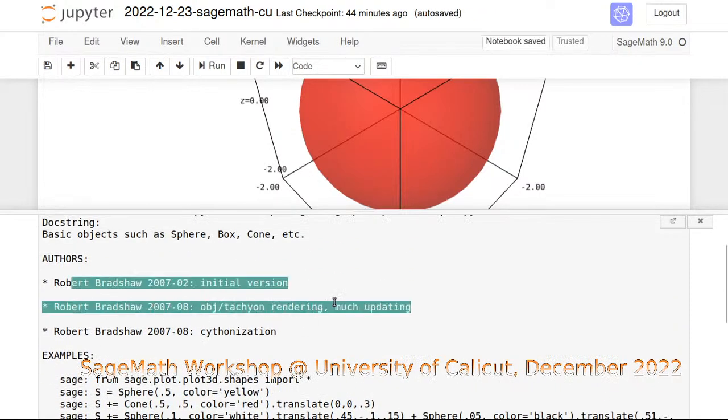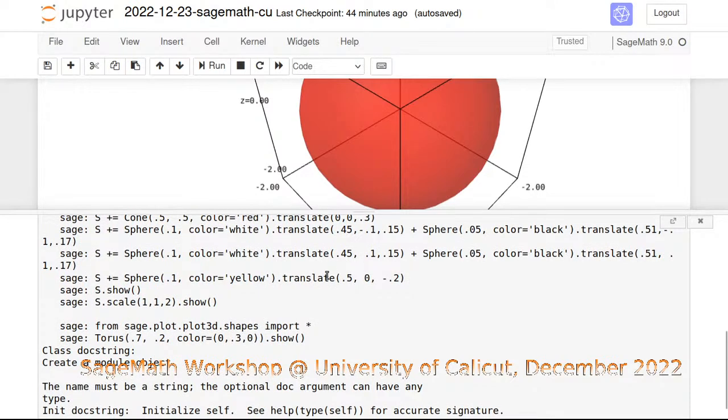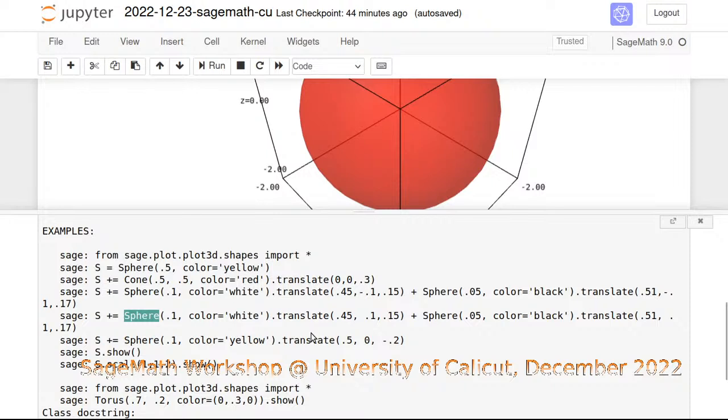So basic objects like sphere, box, cone, etc. are provided by this library. But sphere is a sphere itself. Let us see that the sphere that we previously had starts with a small s. This is a capital S. So this is a slightly different thing. Maybe some of the things will work with this. Some options are also available here.